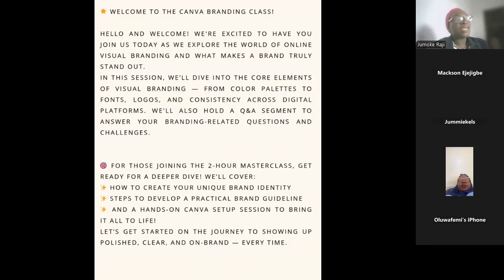Now, when you see a brand, let's talk about our popular brands like the financial institution brands. We are looking at Zenith Bank, we are looking at GTCO. When you look at Zenith Bank, anywhere you are, and you are looking for Zenith Bank, immediately you sight the Z sign.